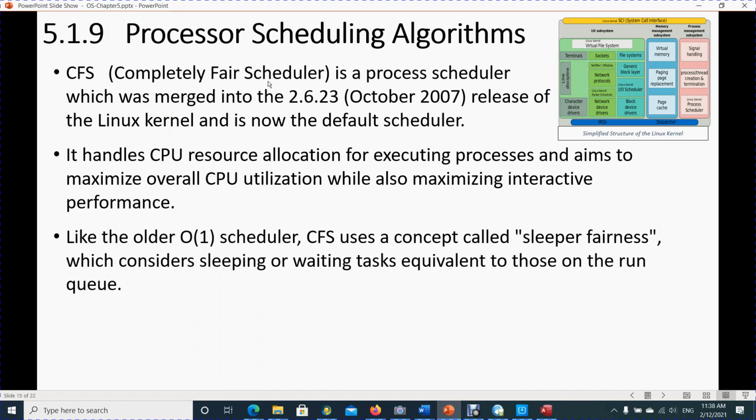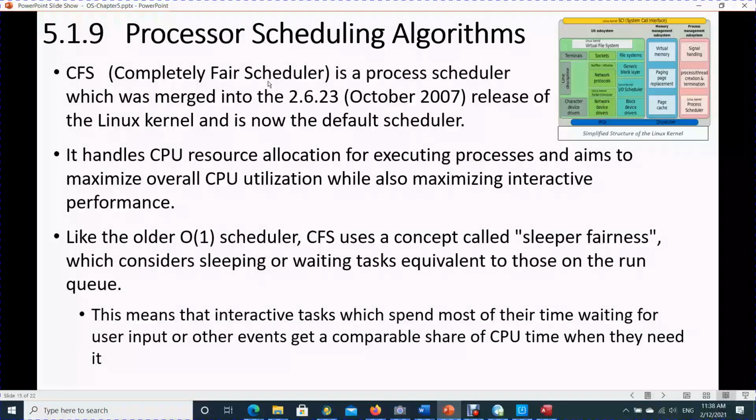Like the older scheduler, it uses a concept called sleeper fairness, which considers sleeping or waiting tasks as well as running tasks in establishing priorities. That means that your interactive tasks, which spend most of the time waiting, get a better share of the CPU time when they need it.